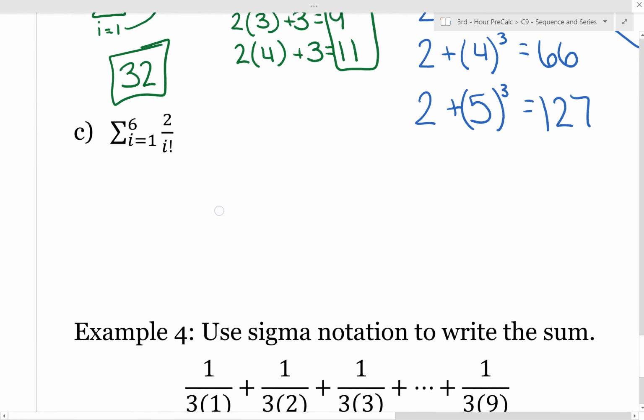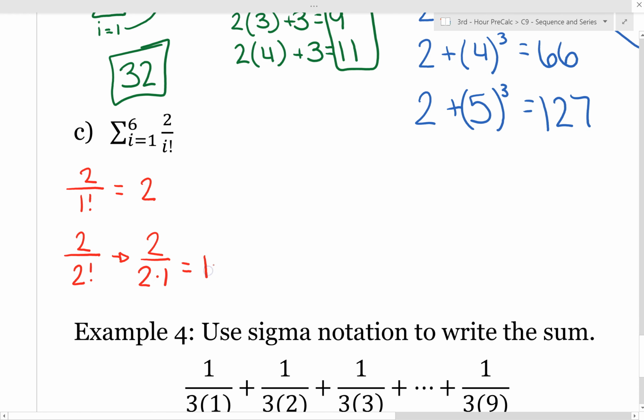Okay, last one. Whew, we got to do it 6 times. So here we go. 2 over 1 factorial. That would be just a 2. 2 over 2 factorial would mean 2 over 2 times 1.